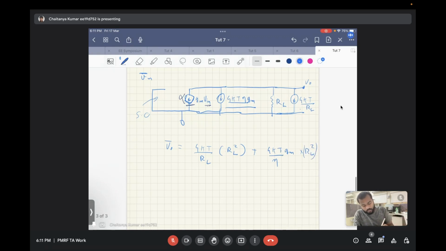Okay. Now we know the output noise power spectral density.